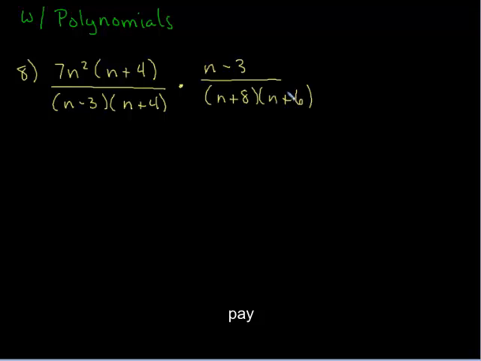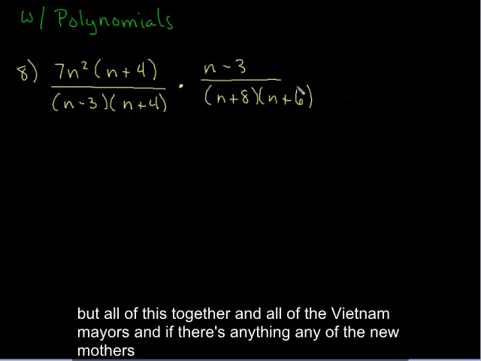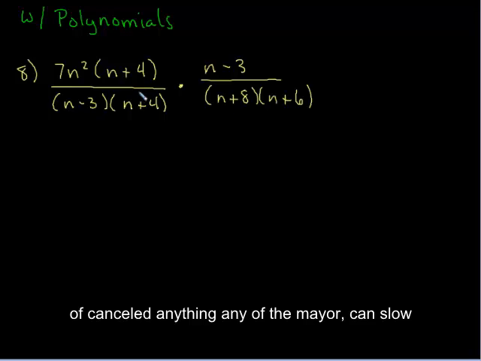What I want to do is look across the whole numerator, all of this together, and all of the denominators, and if there's anything in any of the numerators that'll cancel with anything in any of the denominators, I'm going to cancel it out.